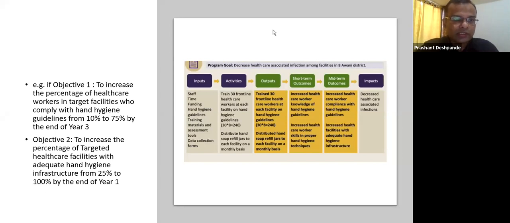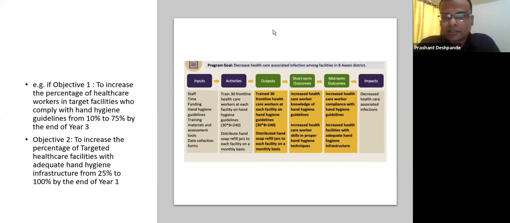So will it go under objective 1 or objective 2? So Nazmin has answered now. So it is objective 1 because knowledge is increased, so compliance will increase.